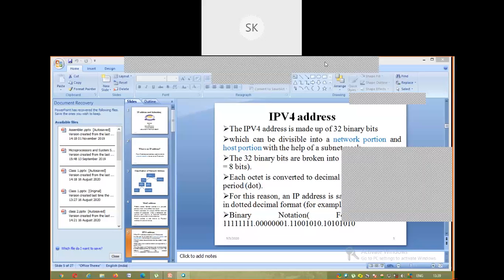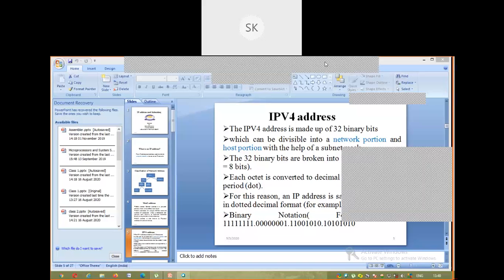Okay. So out of this 32 bits, some of the bits we consider the network portion, and the rest of the bits we consider the host portion. How we decide which bits are network and which bits are host will be decided by the subnet mask.